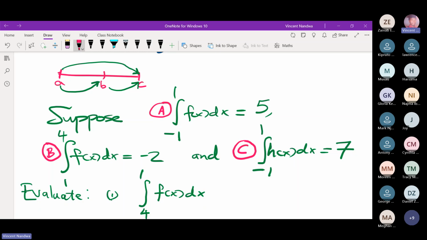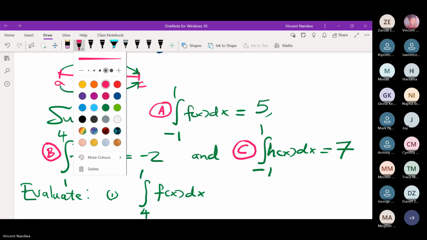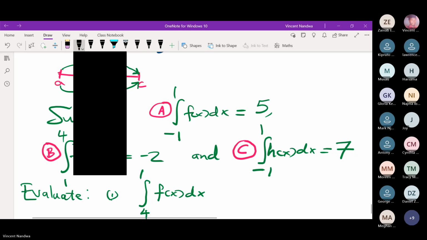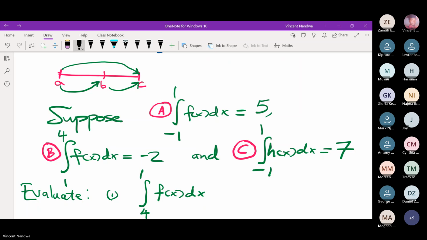B. So what did we say? When we reverse the limits of integration, what happens to the value of the integral? Negative. It becomes negative. You negate.